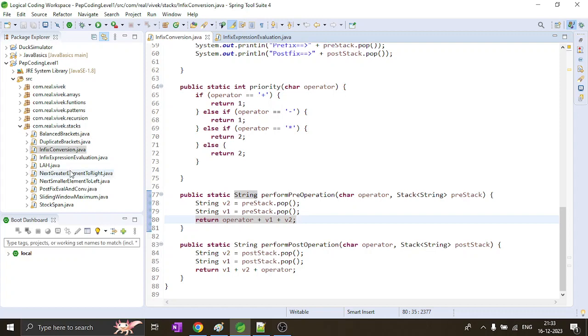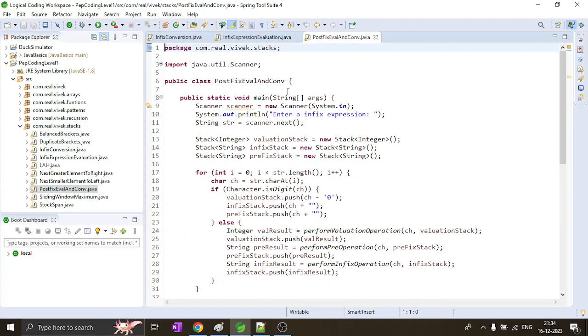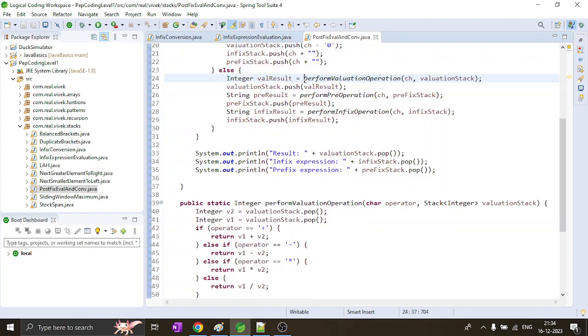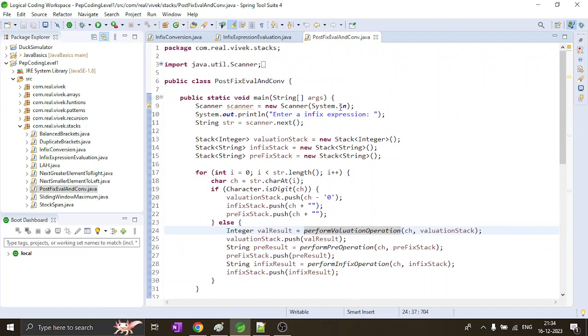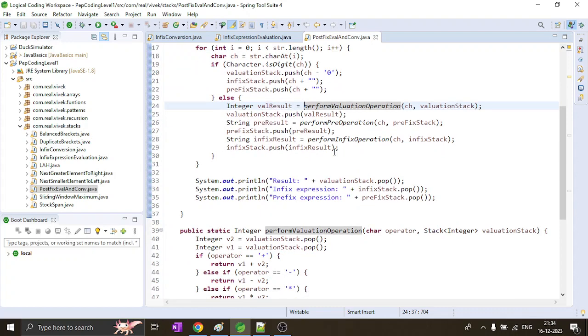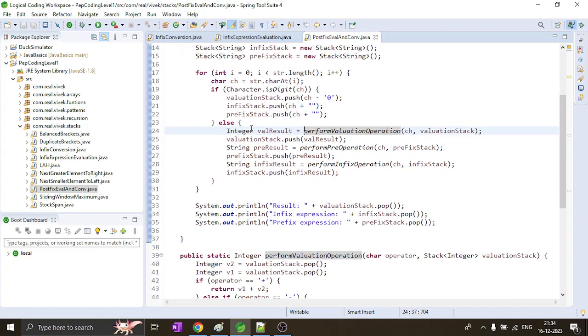And then we solved another question where we were given a postfix expression and we had to evaluate it, as well as convert that expression into prefix as well as infix. So what did we do here? We again iterated over the array and checked if the character is a digit or not.